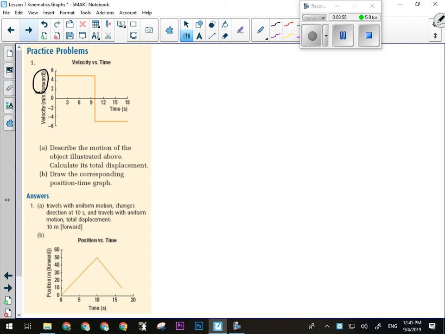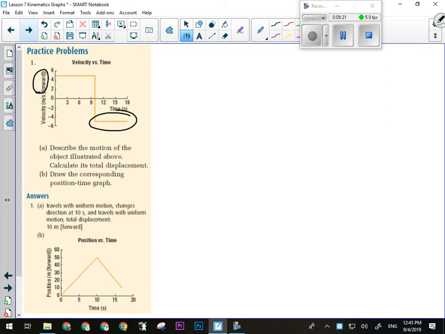So forward is our vector. And then this part of the graph here is instantaneous. The object is instantaneously stopping and then turning around and going backwards. How do I know that this part represents it going backwards? Because it's negative.